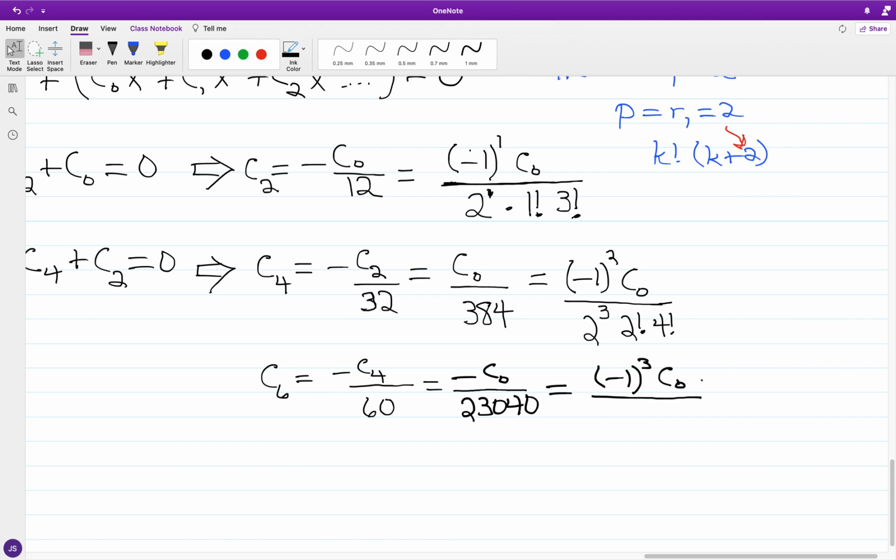And now we have 3 factorial, that is 6 times 120. Yeah, it's asking me 2 to the 5th, 2 to the 5th times 3 factorial times 5 factorial.